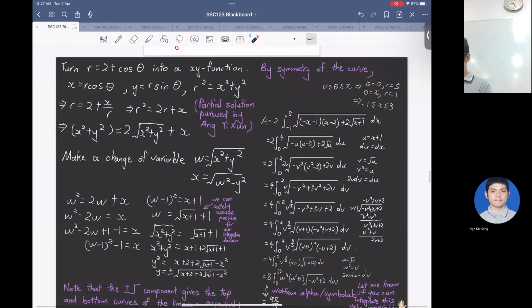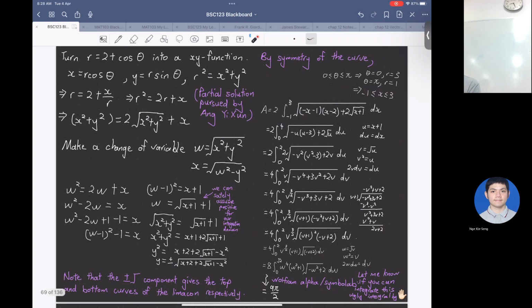But there's another solution posted by, I think, both Hong Yu and Jinghua. Jinghua sent me a similar answer. They write this question into a parametrized curve.